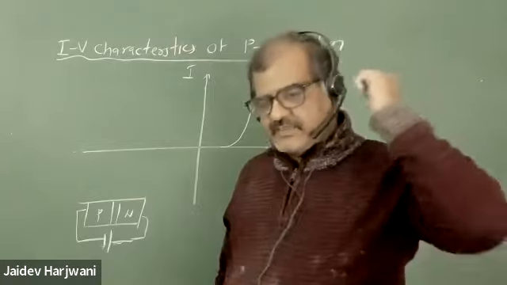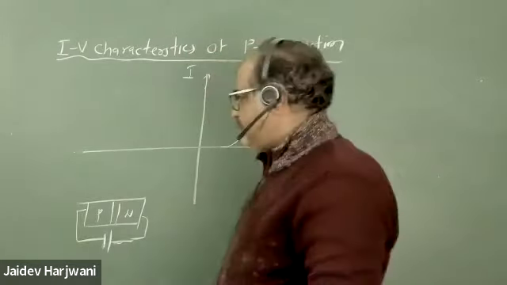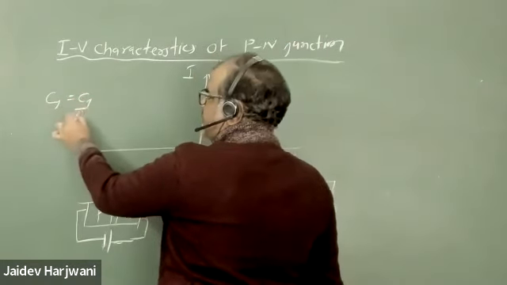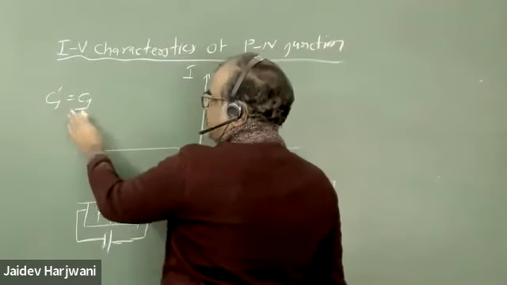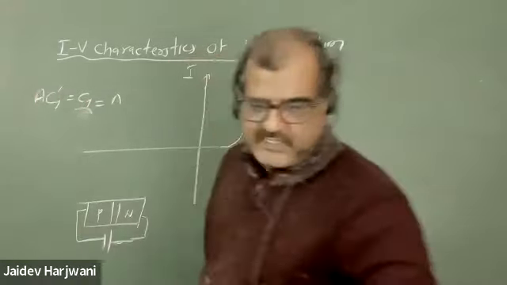That was per unit area capacitance. There also you can put A, no issue. The dependence is the same. If you put Cj dash, Cj dash is what? Cj by A. So whatever expression you get for Cj, just multiply with A. That will be Cj dash. That A is also constant.